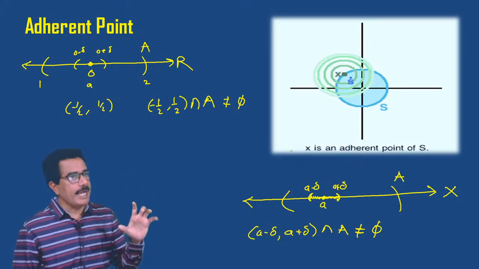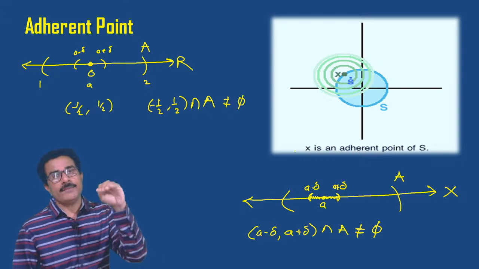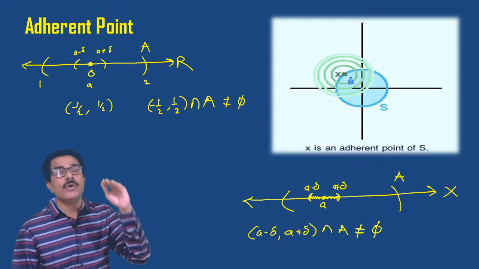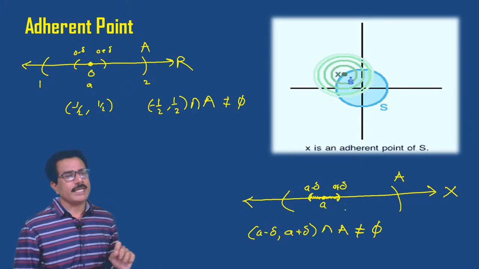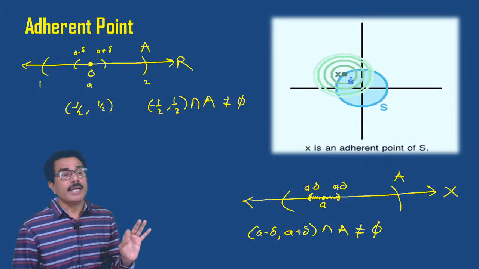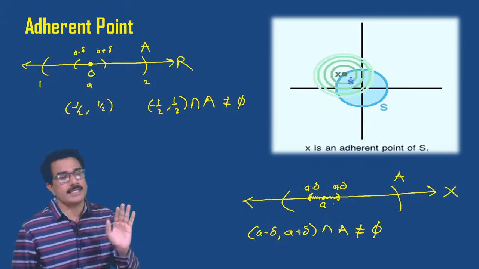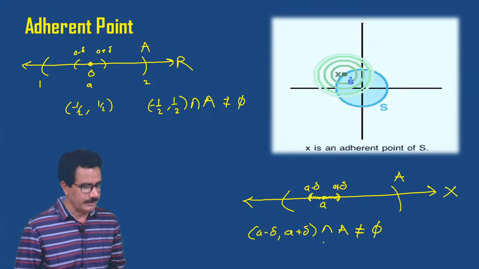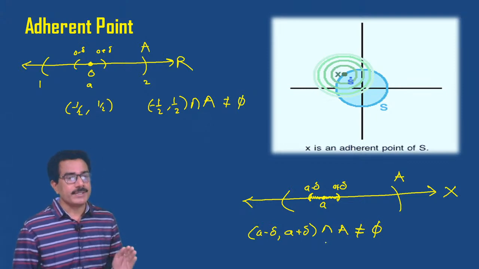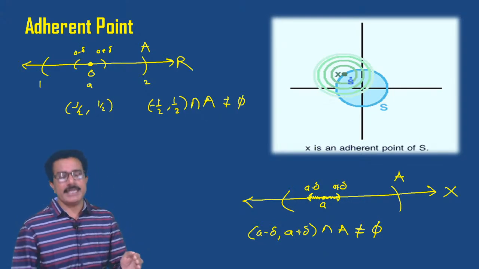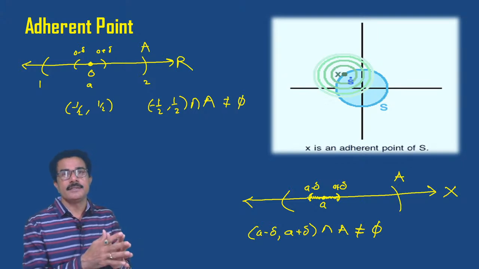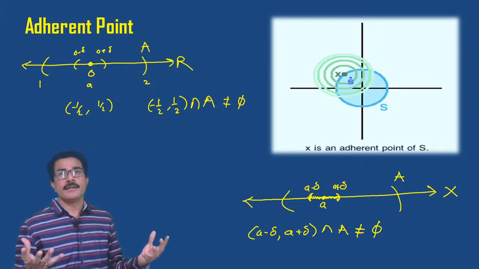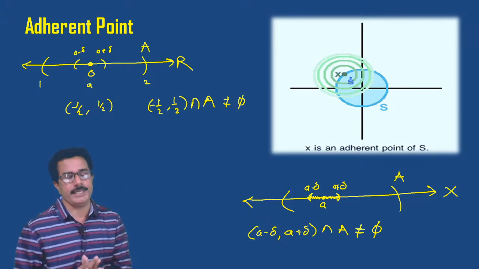But here we have to define adherent point for a metric space. We have only shown an example of how an adherent point is defined for real numbers on the real line. Okay, but in this case we can convert this definition of adherent point of the real line to the metric space by taking three-dimensional geometry.